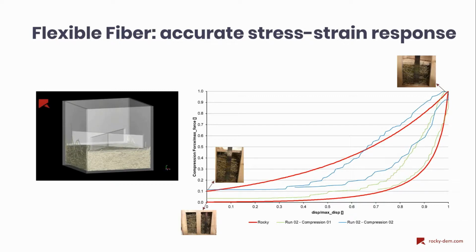Here, specifically, we compare and analyze the compression force versus displacement during this compression. And with that, we can calibrate the parameters that we need for the simulation. But just for a broader view, we want to show how custom fibers that are 1D particles are represented in a simulation.